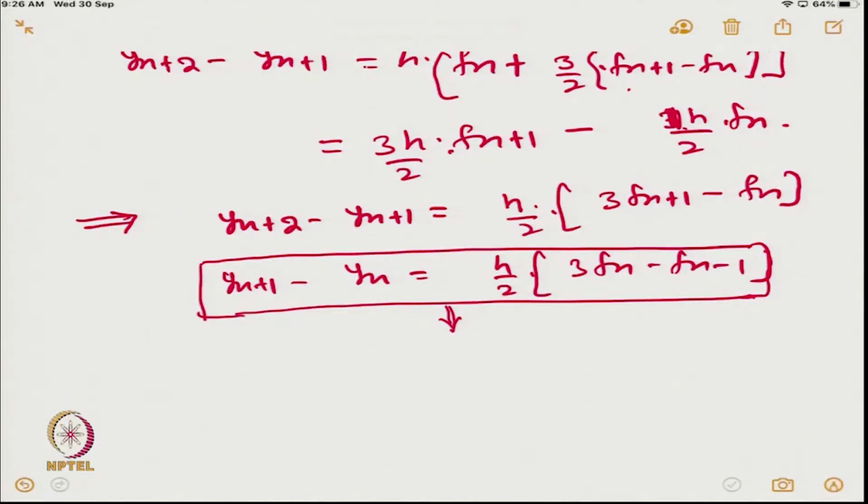Anyway, Adam-Bashforth methods are explicit. Moreover, the specific point about this scheme was that it is a two-step method, because there are terms involving n minus 1, n and n plus 1. That is why it is called a two-step method.